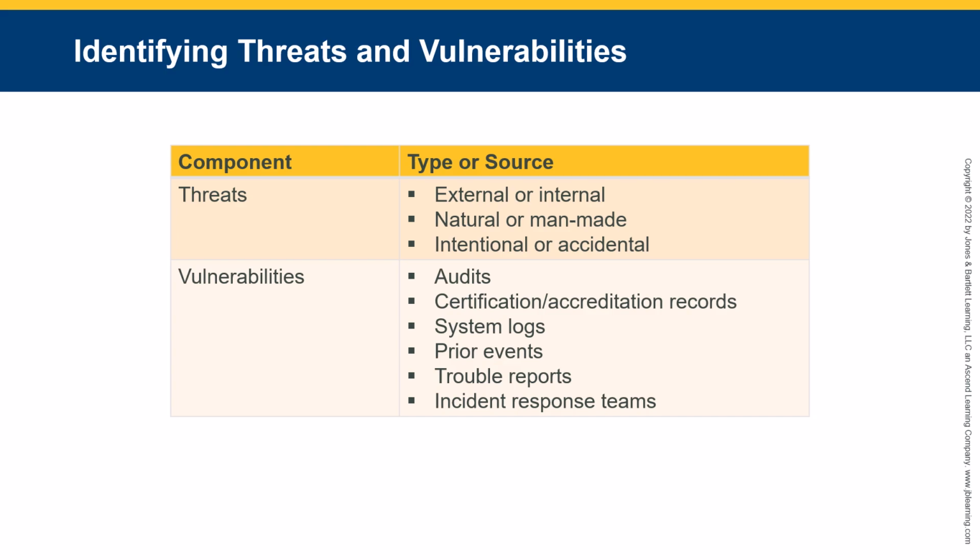Again, threats can be accidental or intentional. Our vulnerabilities, again, could be identified through audits, accreditation, logs, previous events that have never been fixed, reports, or they could be found through some form of incident response or reviewing of potential incidents. It really just depends. But those are common ways to identify both threats and vulnerabilities.